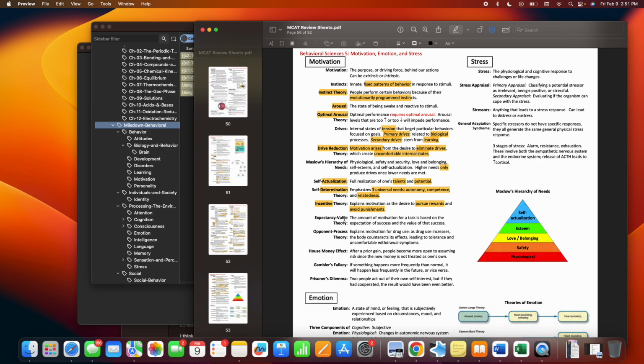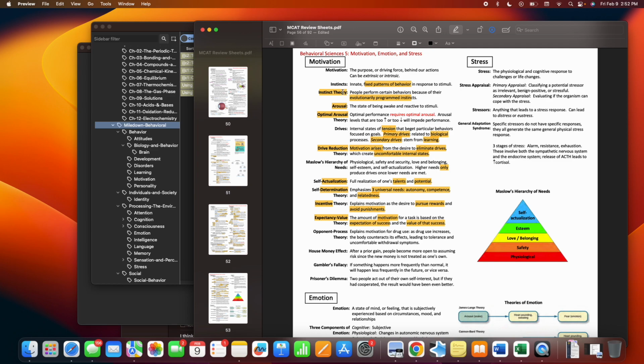Expectancy value theory: the amount of motivation for a task is based on the expectation of success. So you expect success and the value of that success. It's all related to motivation. So we need to know these motivation theories.